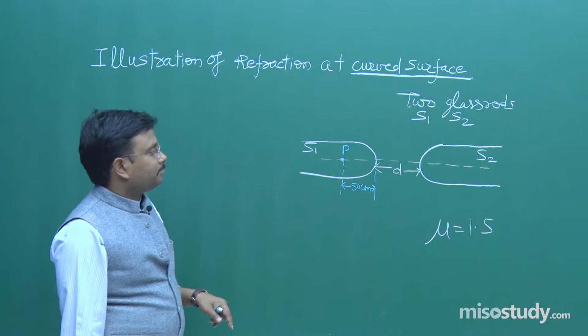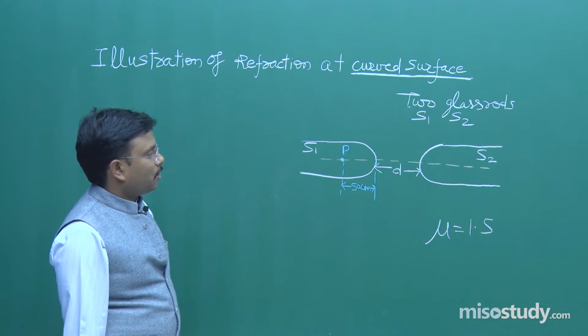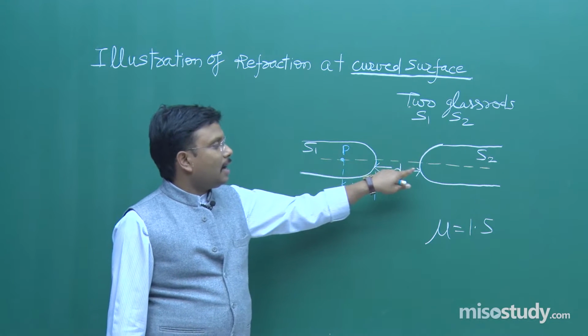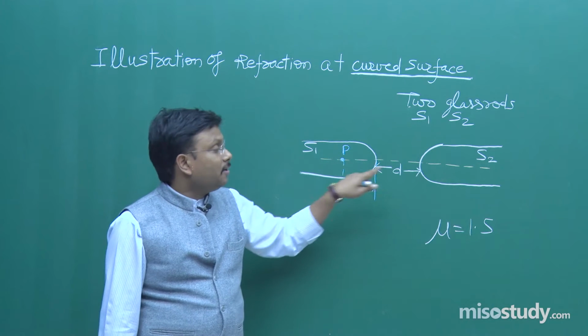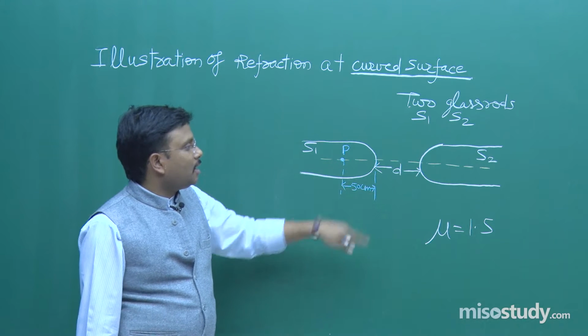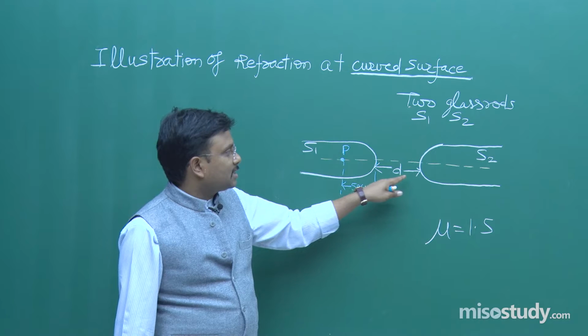Now, because of this arrangement, the rays from P are parallel to the axis in S2. If the rays coming from source P are parallel to the axis in S2, find the distance d.